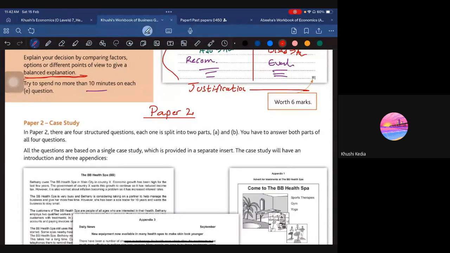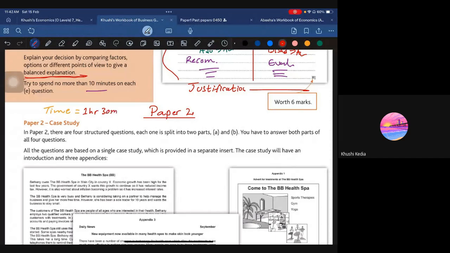So, paper two. First thing is the time. What's the total time for paper two? It's the same, 1 hour 30 minutes.